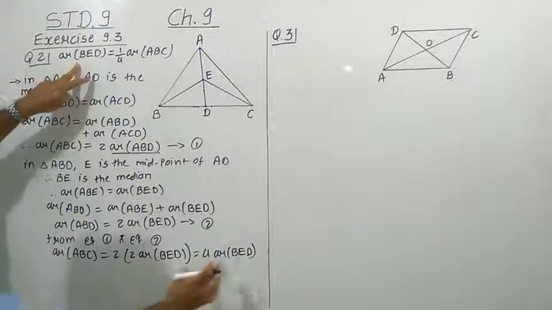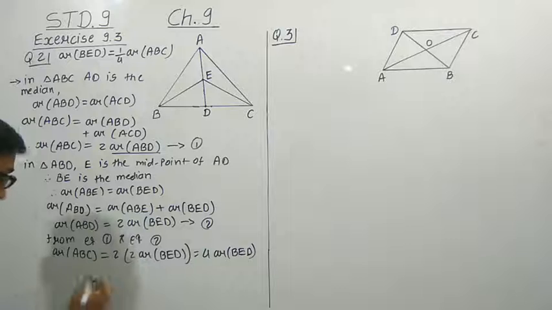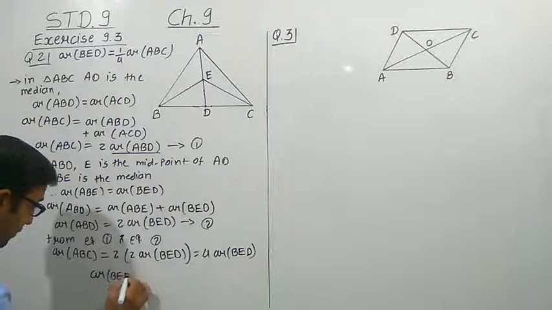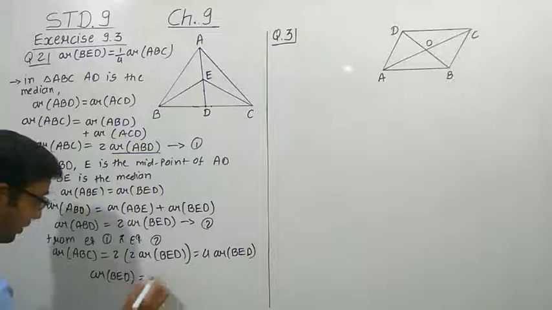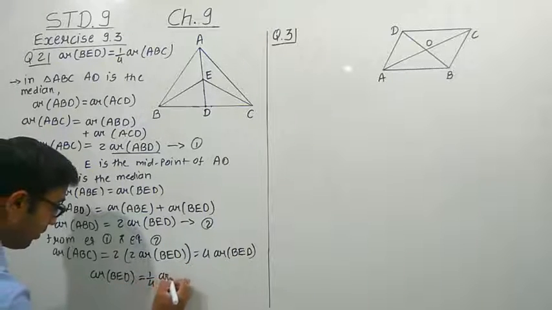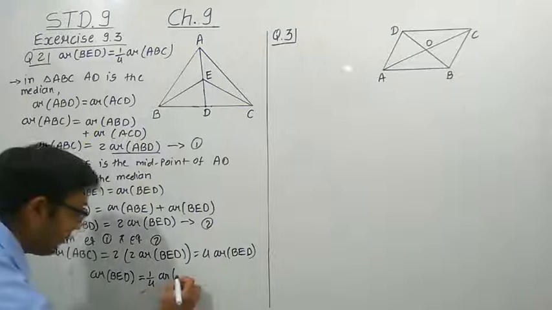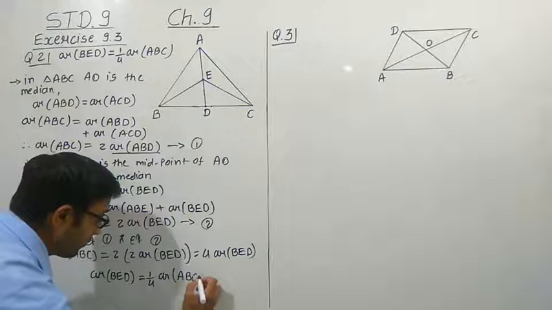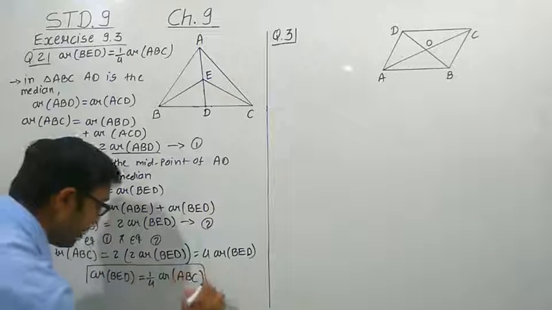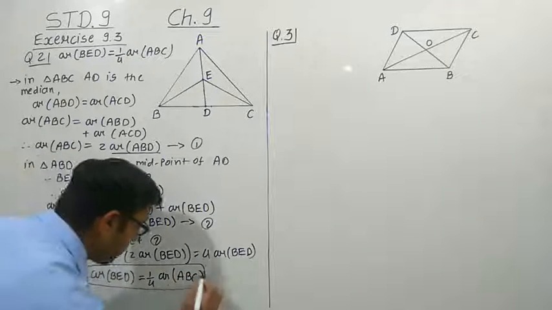So on the left hand side, we have area of BED, and if we take this 4 to the left hand side, we get 1/4 area of ABC. Right? So this is the required result that we want to prove.